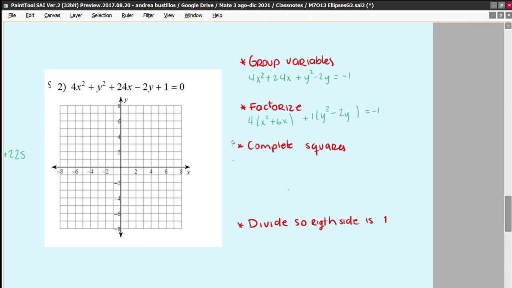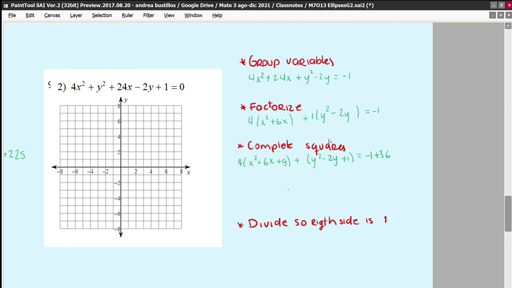Now I'm going to complete my squares. I know that on this side it is 6 over 2 squared, this is 9. And for the y variables, this is minus 2 over 2 squared, this is plus 1. So to complete my right side of the equation, I'm going to add on the right side 9 times 4, that is 36.